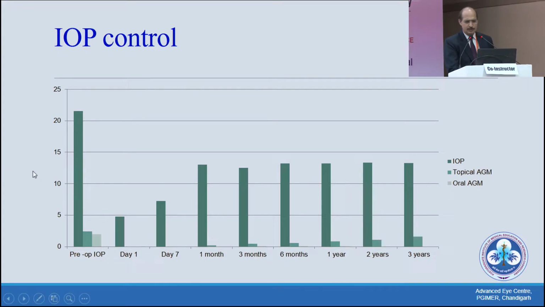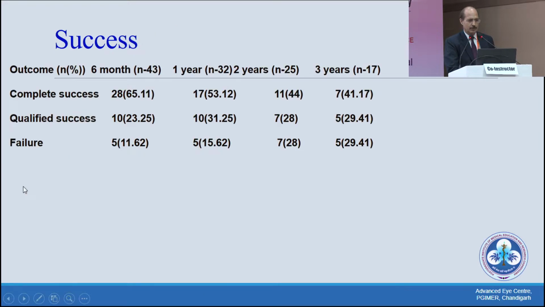Some of these patients do need post-operative drugs, so this is not an unqualified success rate, but a good success rate to control IOP. If you look at the cumulative success rate, it is almost 70% over a period of 3 years, which is pretty good given that these eyes are at higher risk.